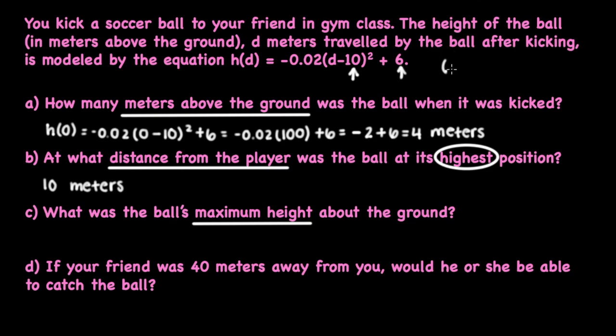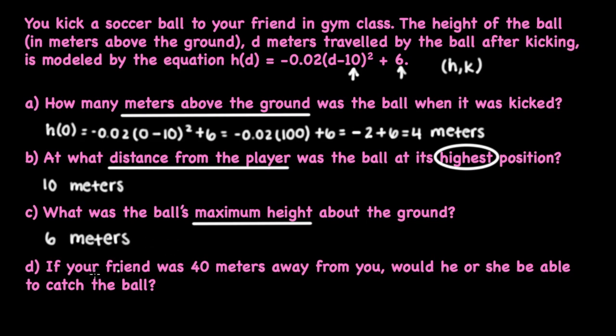Now, remember that the vertex is (h, k), where h is over here and k is over here. And since we're looking for the y value, or the height above the ground, this indicates the vertical shift. And that will mean it's 10 meters above the ground.